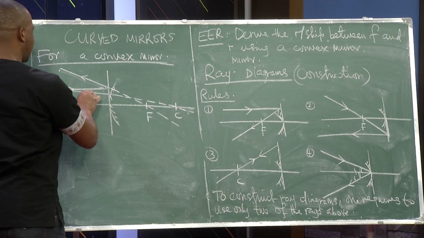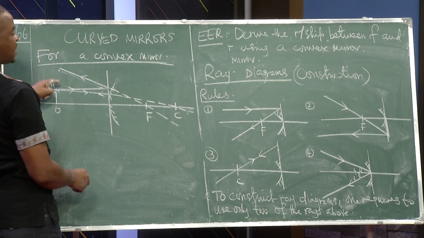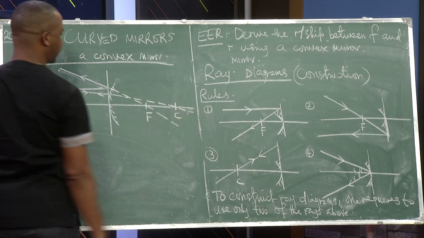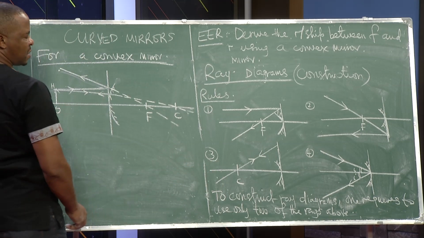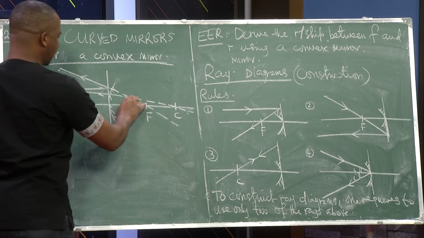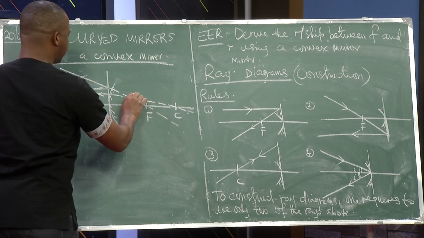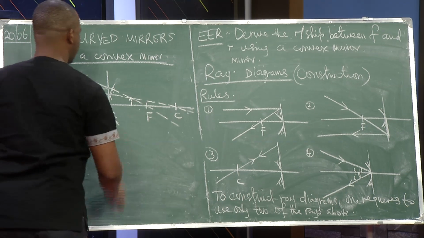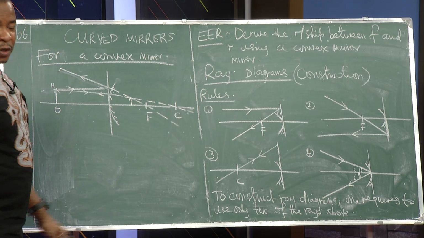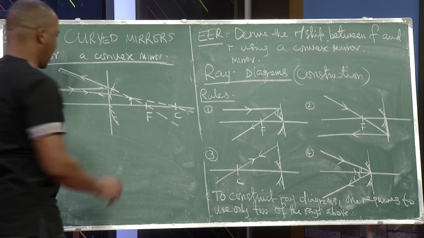This one is the first ray that I have used, and I'm also using the ray through C, which is reflected along the same path. Where the two meet, which you can all clearly see is this point, is where our image is formed.